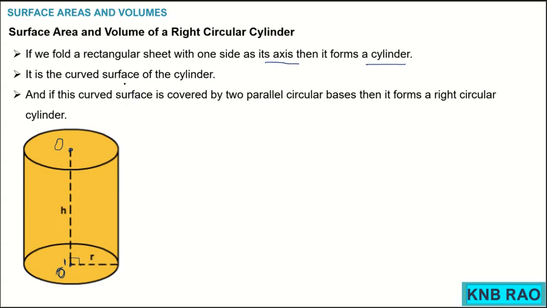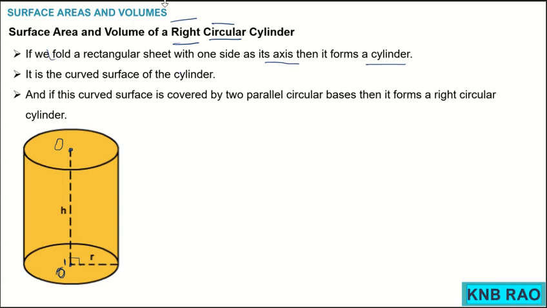Here if you observe, right circular cylinder, right because the angle between the axis and radius or any line segment on the circular region base is a right angle, and the base of this cylinder is a circle, that's why it is called a right circular cylinder.